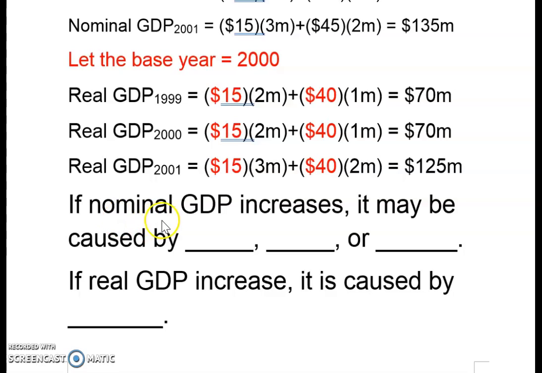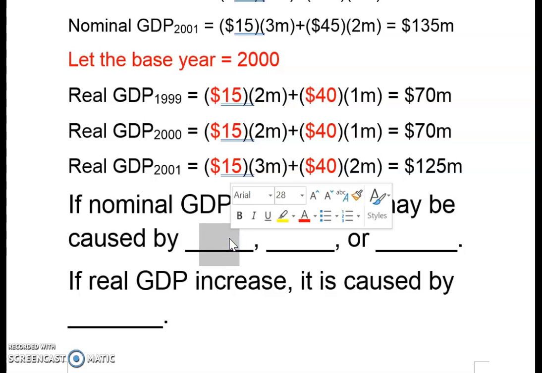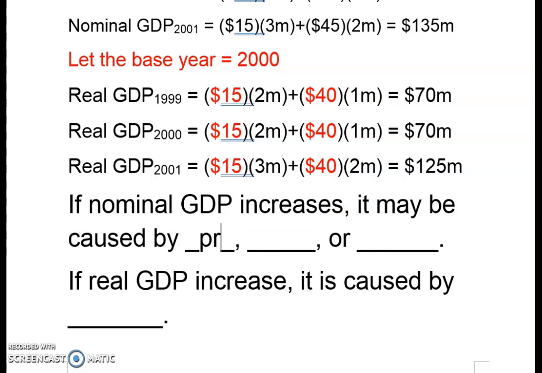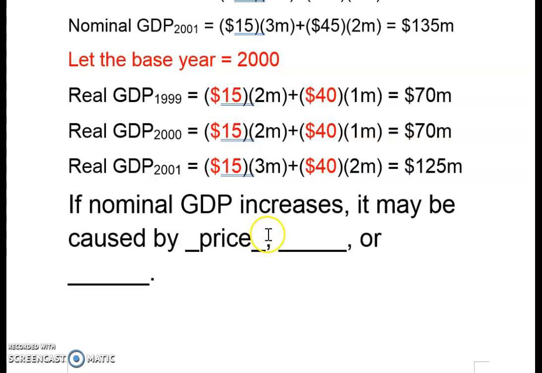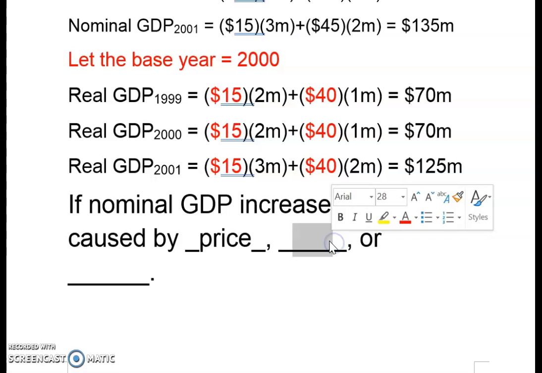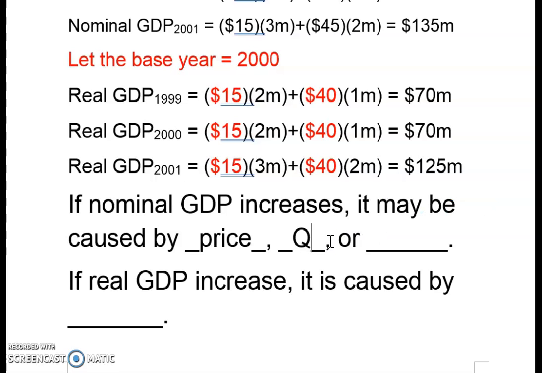So to fill in this blank, if nominal GDP increases, it may be caused by what? Caused by price, right? Can it be caused by quantity? Yes, it can be caused by quantity too. Or what? Or both. Both price and quantity increasing can also affect nominal GDP.